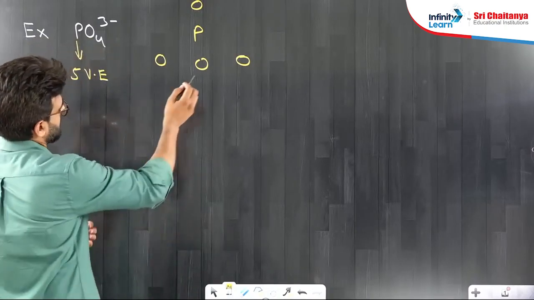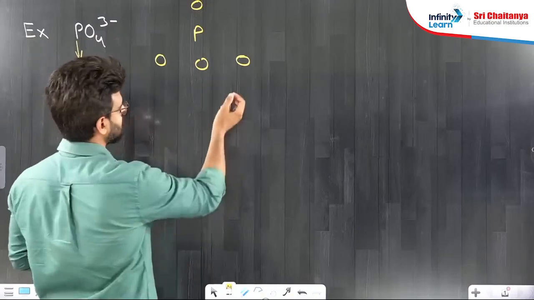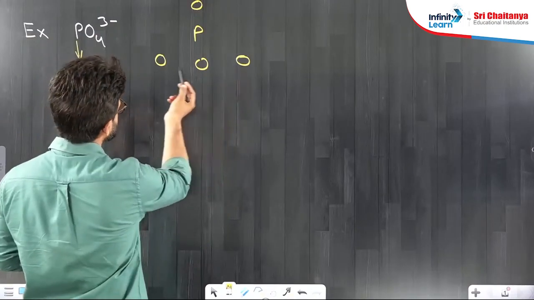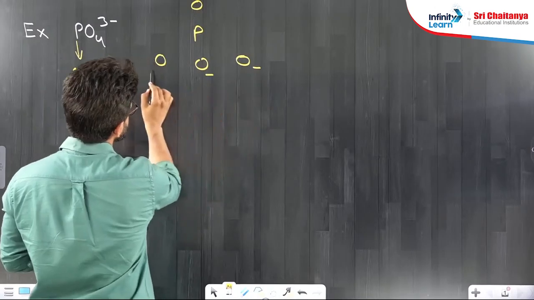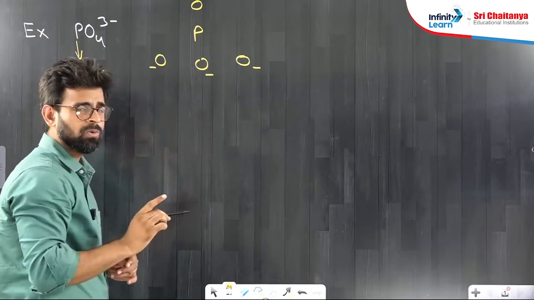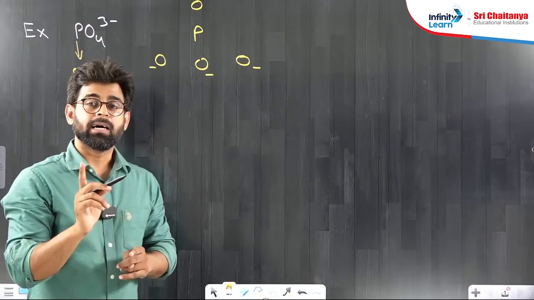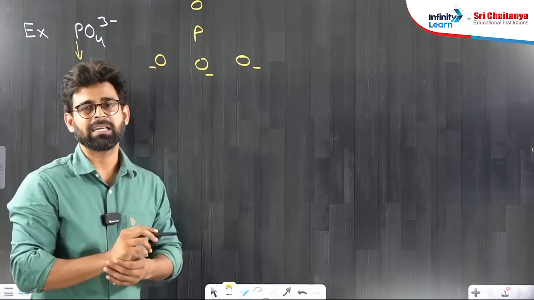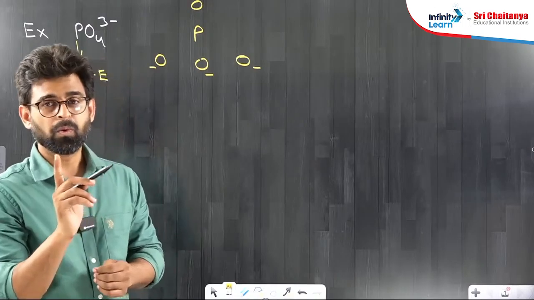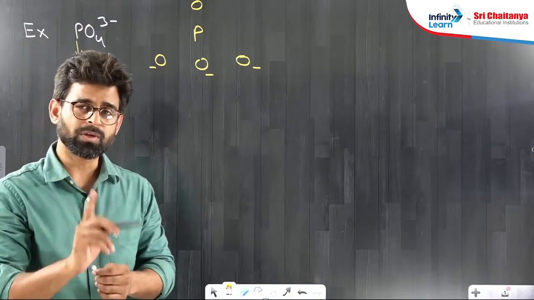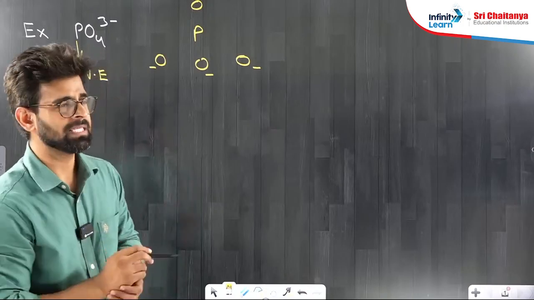As they are giving PO4 3 negative, so it is very common. You can check, oxygen is more electronegative, so the negative charge will be present on oxygen. And now O negative has 7 valence electrons, so it will make one bond. Neutral O will make 2 bonds, but O negative will make only a single bond, right?